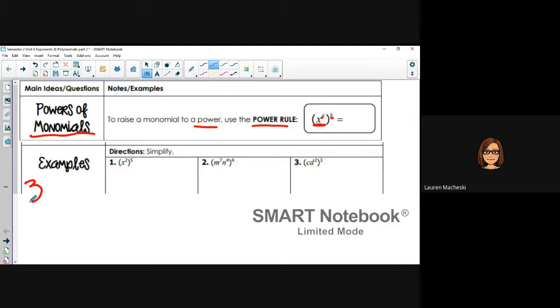When I do 3 squared, I'm raising a monomial, a number is a monomial, to a power. Don't tell me what the answer is, tell me what that means. If you think about 3 squared, that means this monomial times itself, and then that would just give you 9.